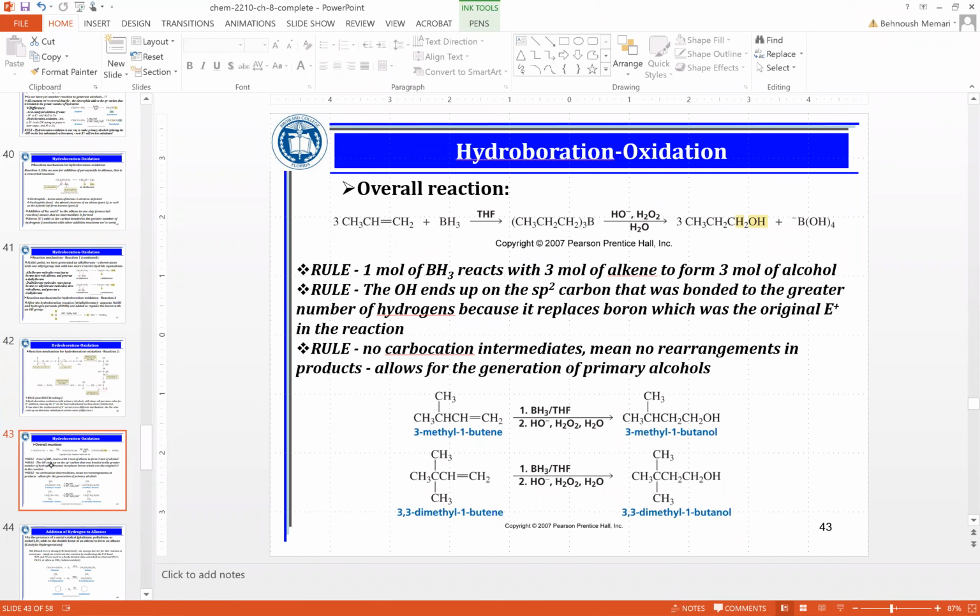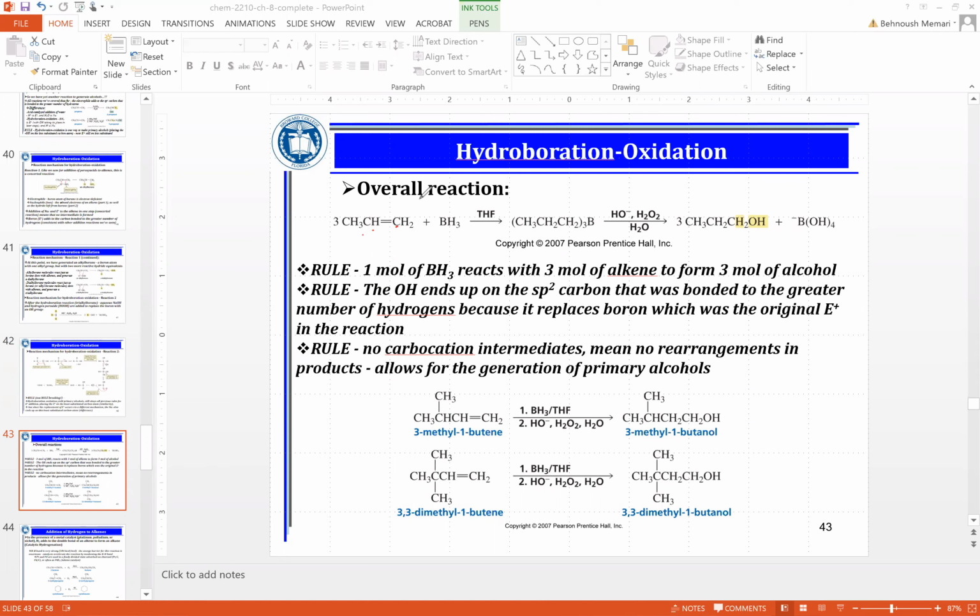Looking at the overall reaction with these examples that we have here, you have an asymmetrical alkene, but there is no rearrangement. If it's asymmetrical, then you have to worry about whether it is Markovnikov or anti-Markovnikov.